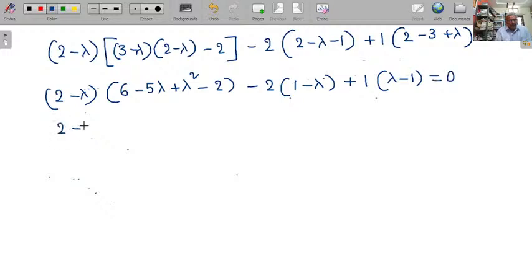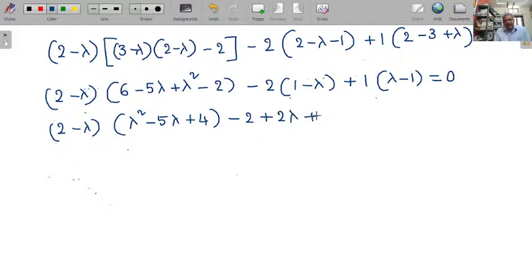This is 2 minus lambda multiplied with lambda square minus 5 lambda. So 6 minus 2 is 4 and minus 2 plus 2 lambda plus lambda and minus 1 equals to 0. Right.